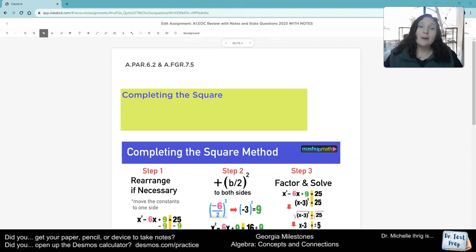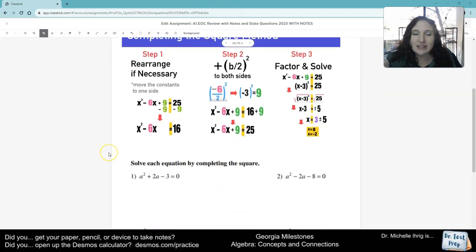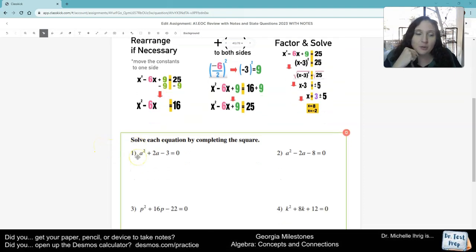There might be a 5 or 10% chance that you get a completing the square question where you actually need to know the process. So we're going to do this one without the graphing calculator or the scientific. Technically, you can always check your answers doing that. But let me just show you how to do these problems.